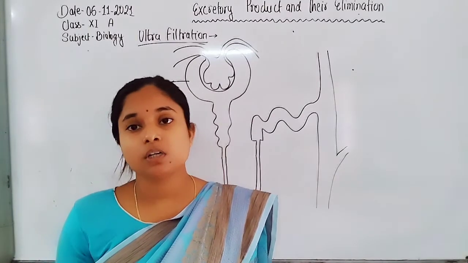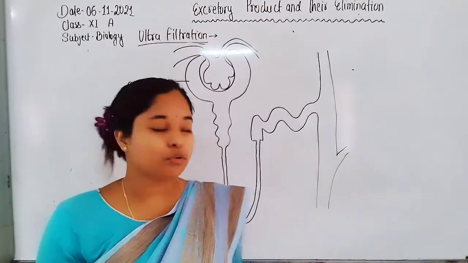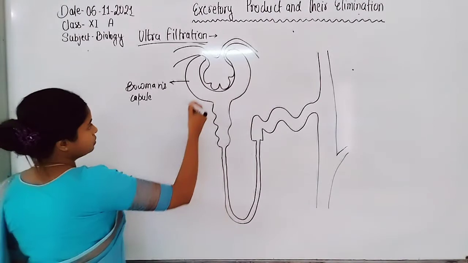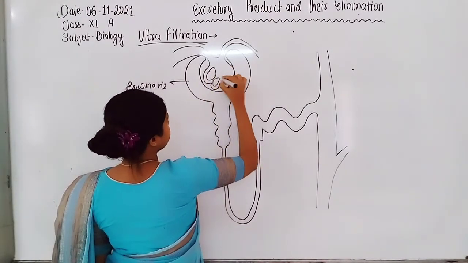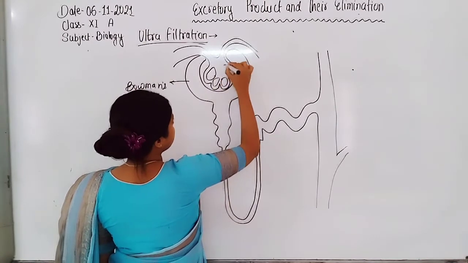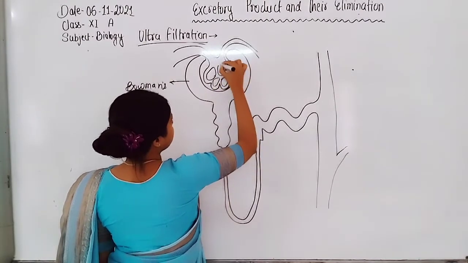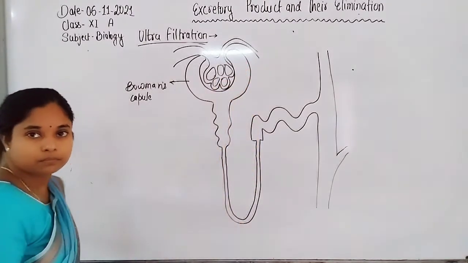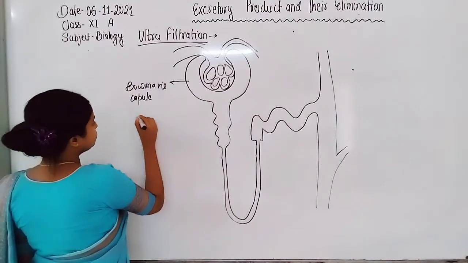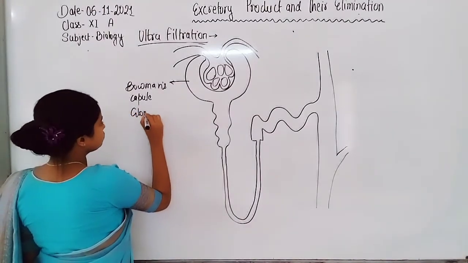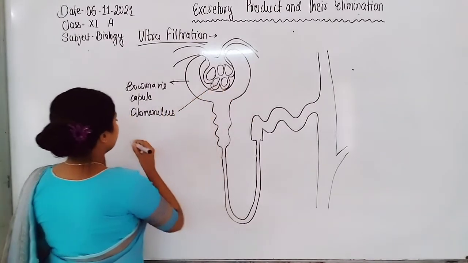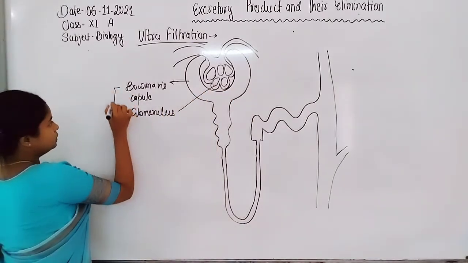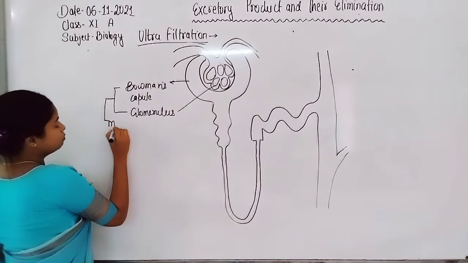These minute capillaries are known as the glomerulus. Collectively, both the parts are known as the Malpighian body.